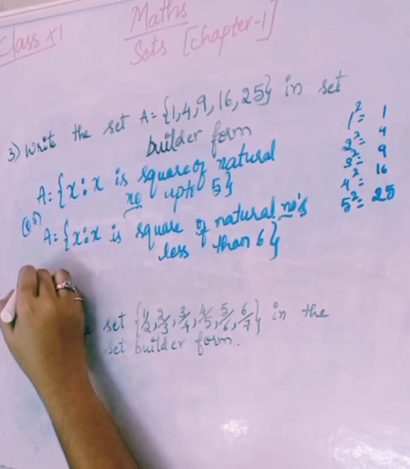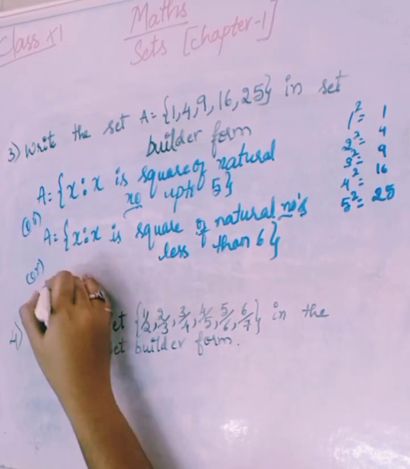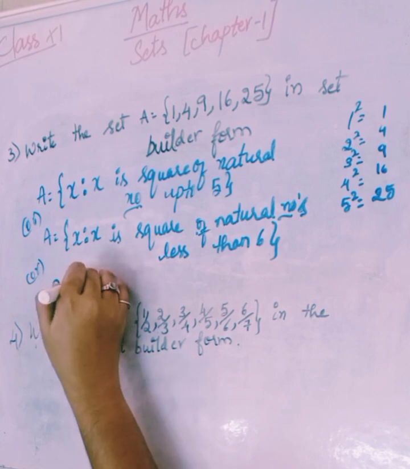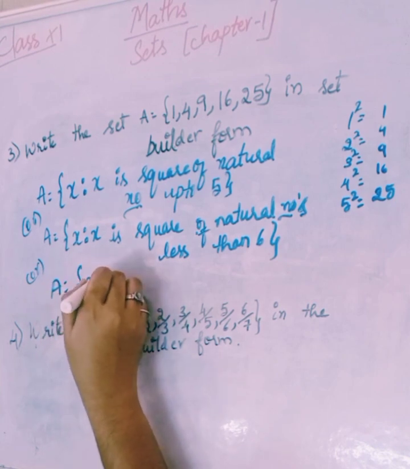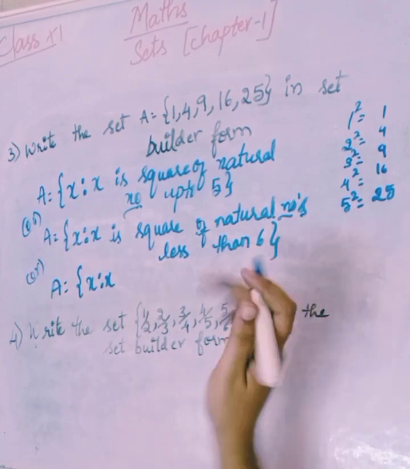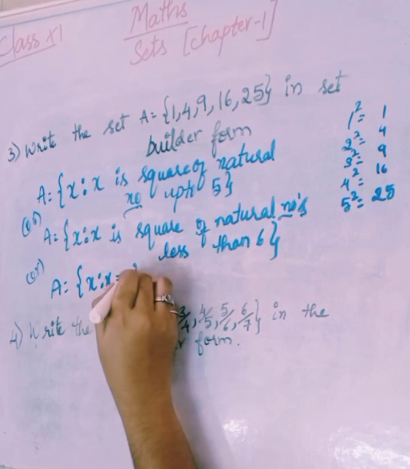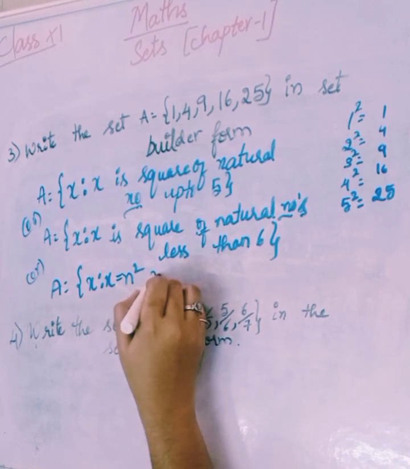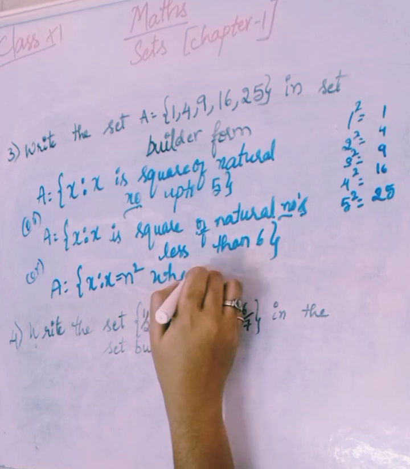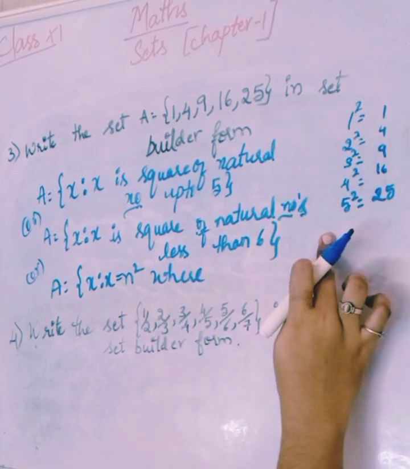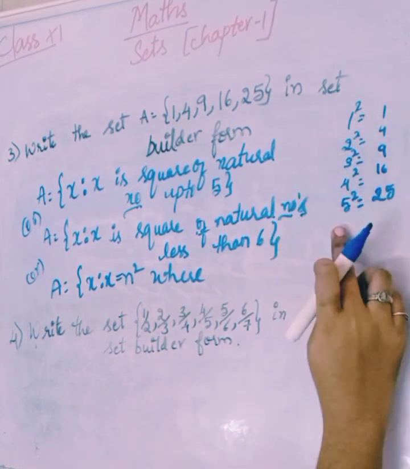Another form also we have. Excellent students will write for themselves. That is A is equal to {x : x is n square, where n is a natural number and 1 ≤ n ≤ 5}, because n exists between 1 and 5.